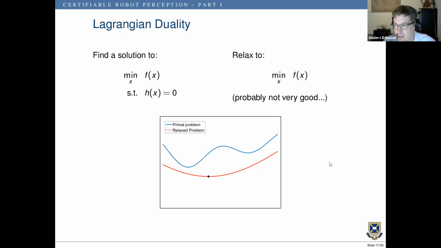But again, this is mainly aimed at providing an intuitive picture of what's going on here. So let's say we relax our problem and we solve the red one, the relaxed problem, and we arrive at that solution there. It's not great, but it's not too bad either, I suppose.